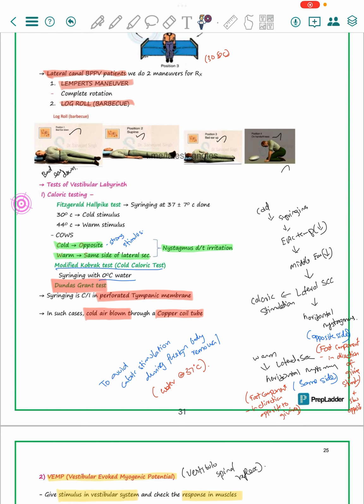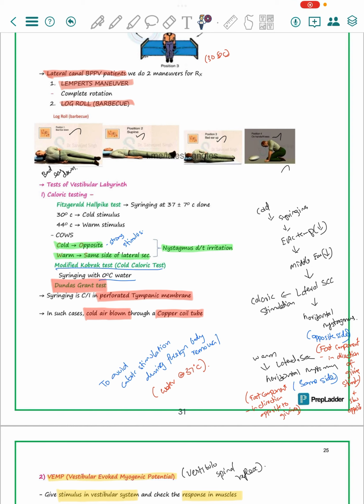Then the tests for the vestibular labyrinth. First is caloric testing. As I mentioned earlier, the vestibule is very sensitive to temperature changes. If you want to clean the external auditory canal, you need to use water at 37 degrees Celsius. If you use a cold stimulus, around 30 degrees, the vestibule will be stimulated. For warm, at 44 degrees Celsius, the vestibule can also be stimulated.